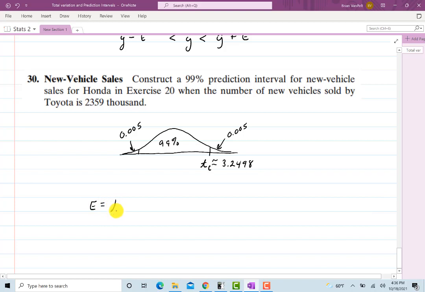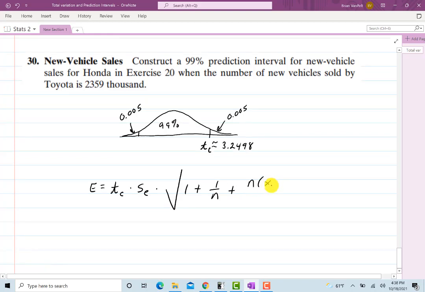We have t_c times S_E times the square root of 1 plus 1 over n plus n times (x naught minus x bar) squared, all over n times the sum of x squared minus (the sum of x) squared. Now x naught will be this guy right here.